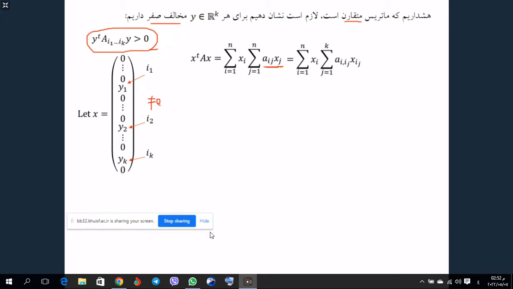So these will all be 0 except x_a1, a2, ak.